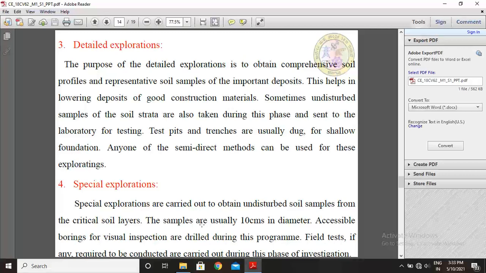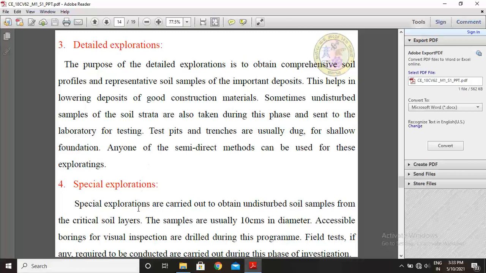Sometimes undisturbed samples of the soil strata are also taken during this phase and sent to the laboratory for testing. Test pits and trenches are usually dug for shallow foundations. Any one of the semi-direct methods can be used for these explorations.